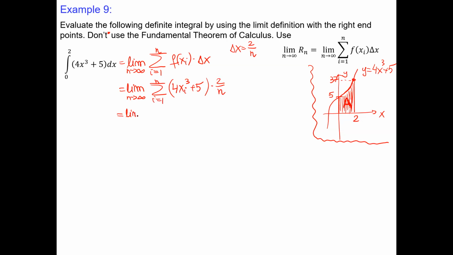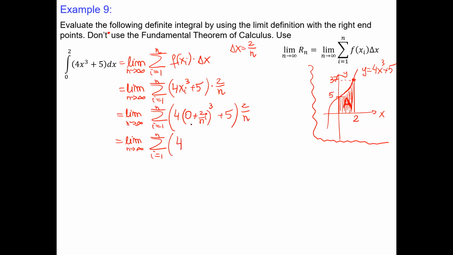Okay. We also need the formula for x sub i. We can maybe substitute directly. x sub i is a, which is 0, plus i times delta x. Delta x is 2 over n times i, plus 5, 2 over n. 0 is actually helping us because we may skip that 0.